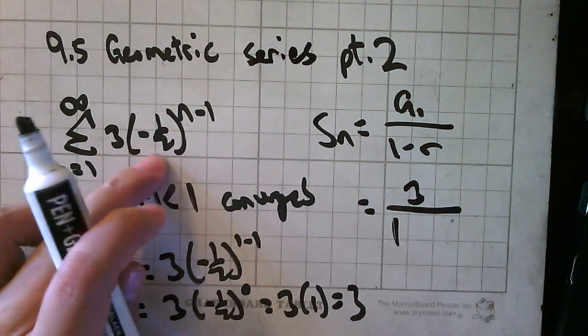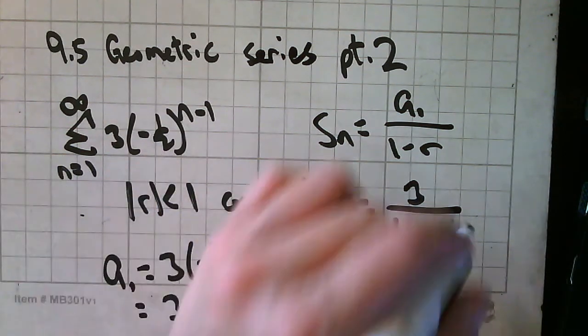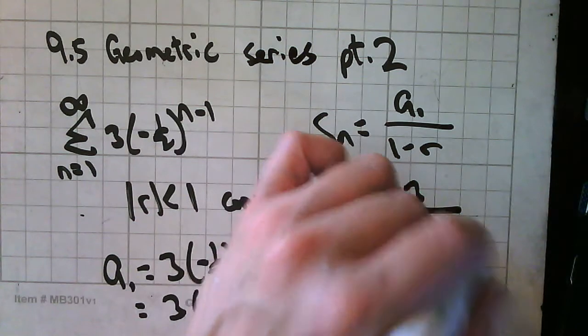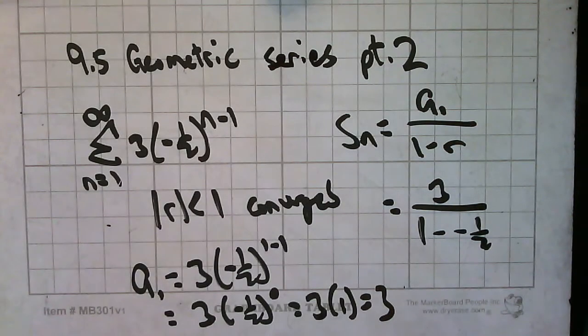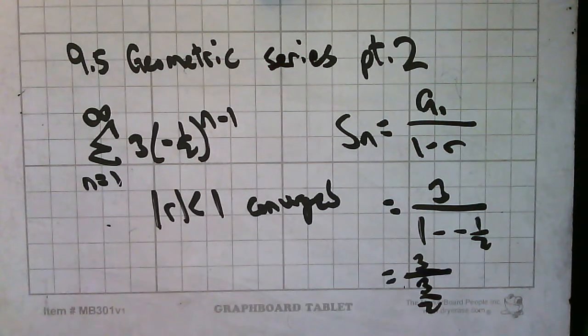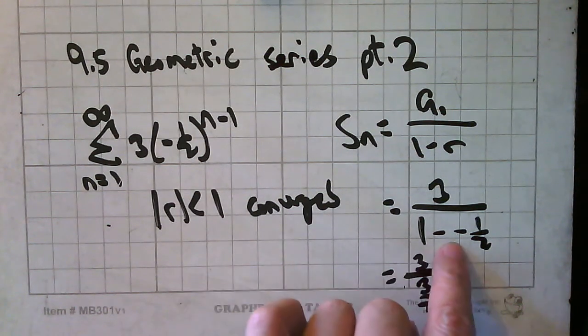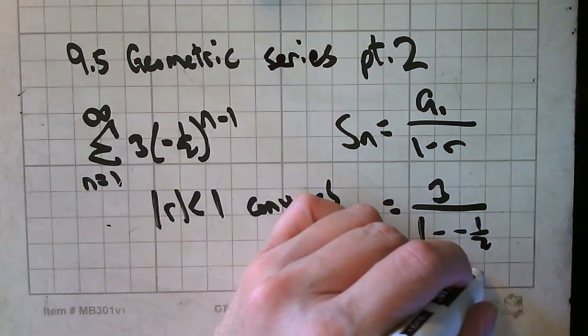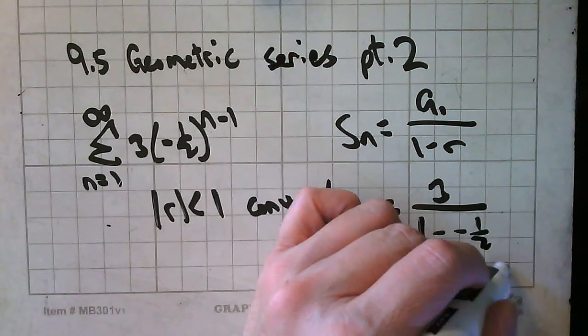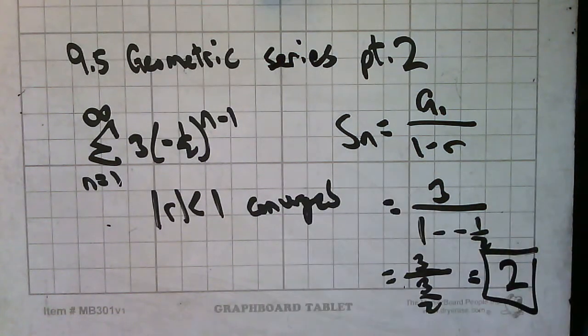And our r here is negative 1/2. So we got 1 minus negative 1/2. So then we can just punch this into the calculator. Let me pause while I erase this other side. So we got 1 plus 1/2 is 3 over 2. We're going to keep, change, flip. So your sum is going to end up being 2.